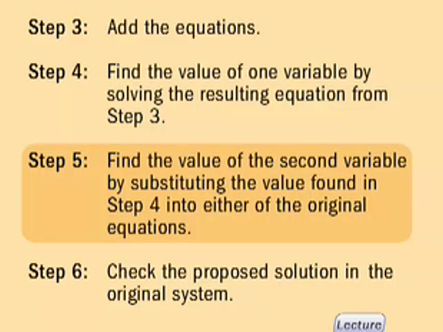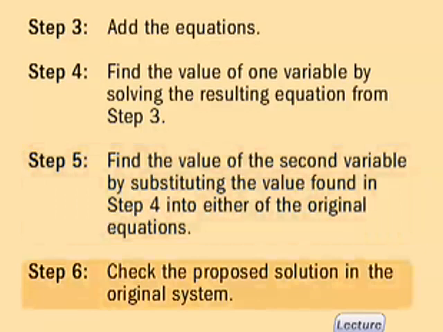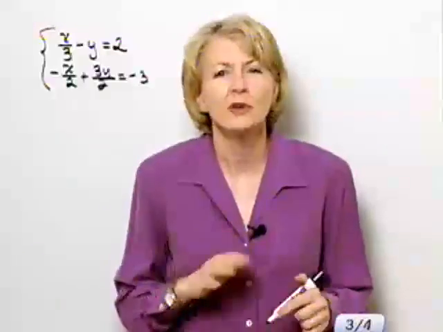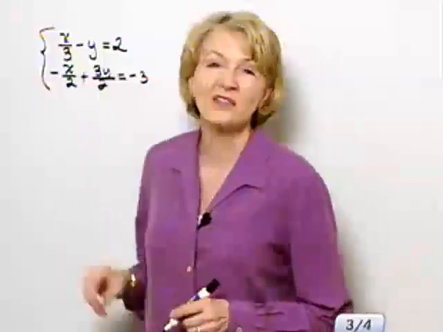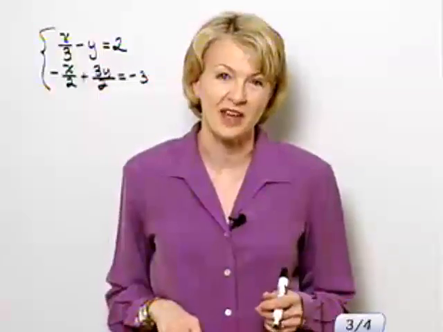Step 5, find the value of the second variable by substituting the value found in step 4 into either of the original equations. Then, of course, step 6, check the proposed solution in the original system. Let's go over those steps as we solve another system of equations.